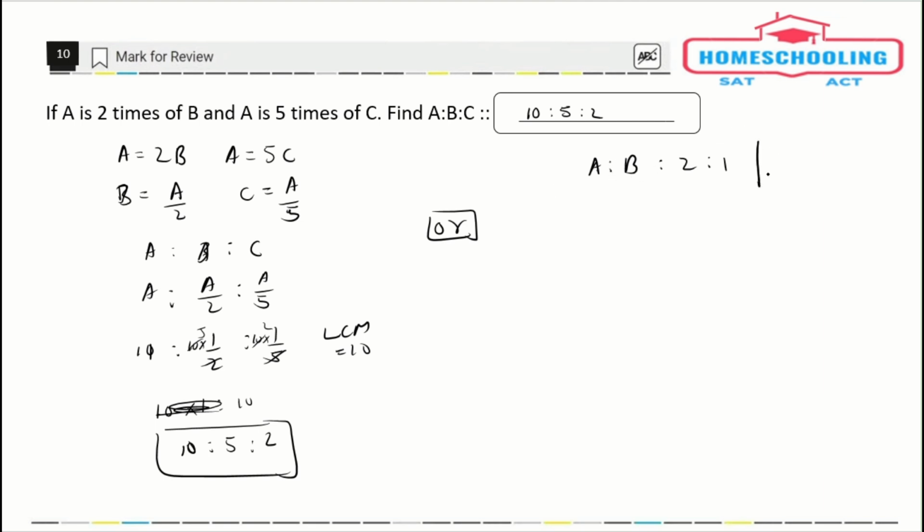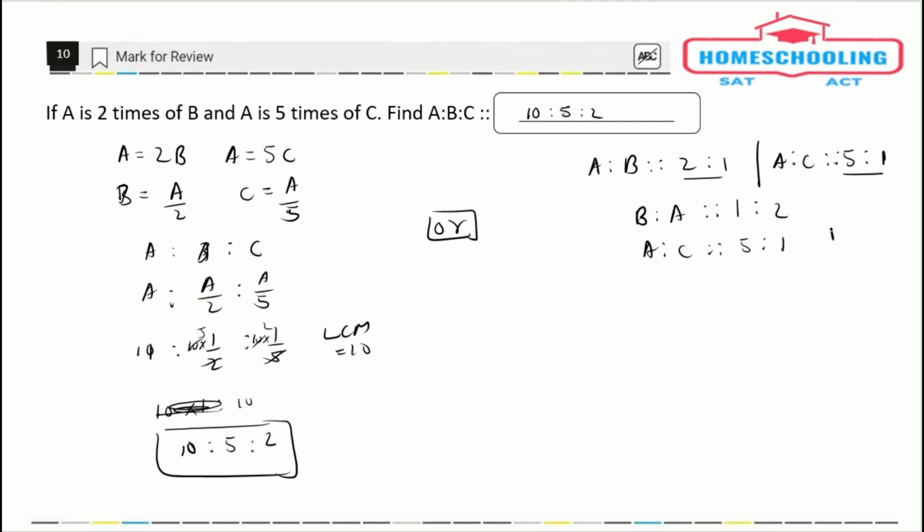Similarly, A is 5 times of C. So A is to C is what? A is 5 times of C, so we can also write this ratio. So now we are going to use the reverse n method. Because A is common here, B is to A can be written as 1 is to 2 and A is to C can be written as 5 is to 1.